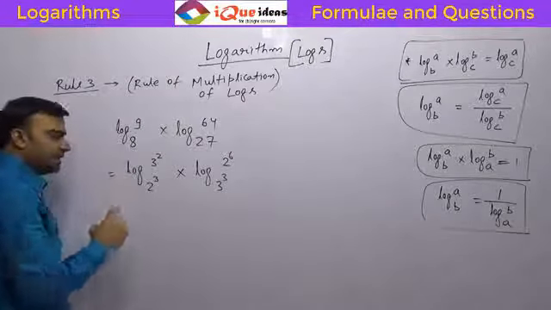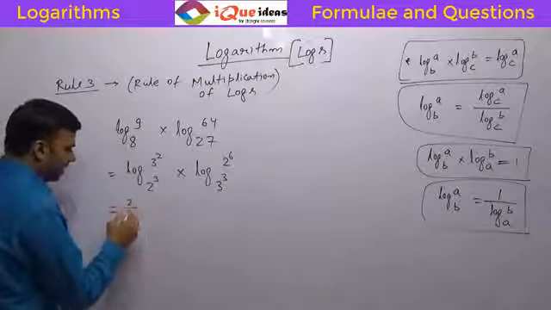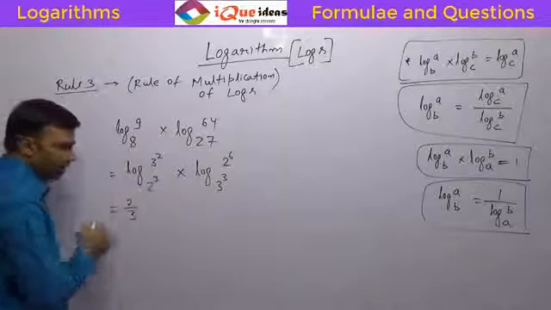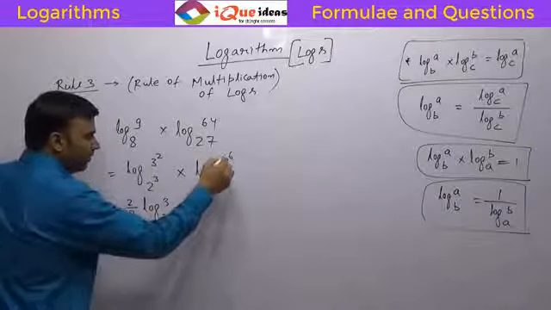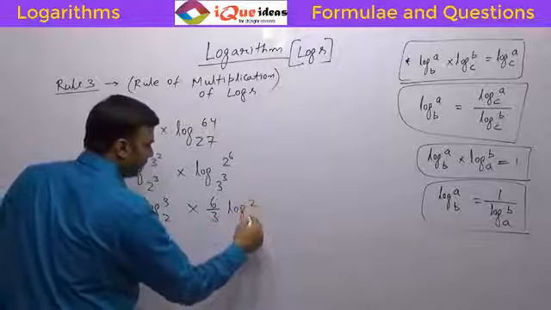Now let's apply the first rule, the rule of power. This 2 and this 3 will come outside, so it becomes 2 by 3. The power comes in the numerator, and the 3 comes in the denominator because it is in the base. We have log 3 to the base 2 into, from here, 6 by 3, and we have log 2 to the base 3.